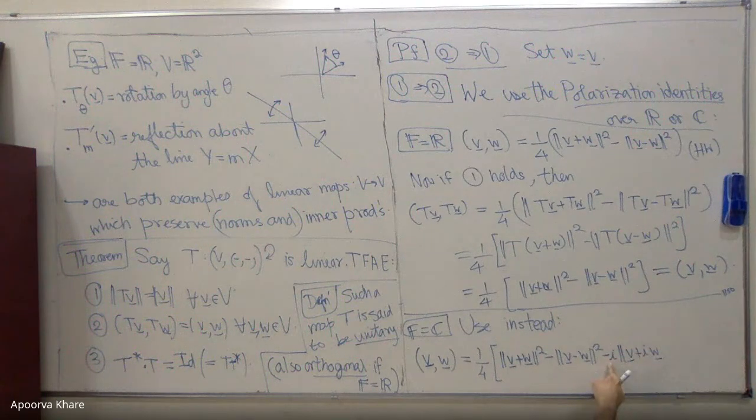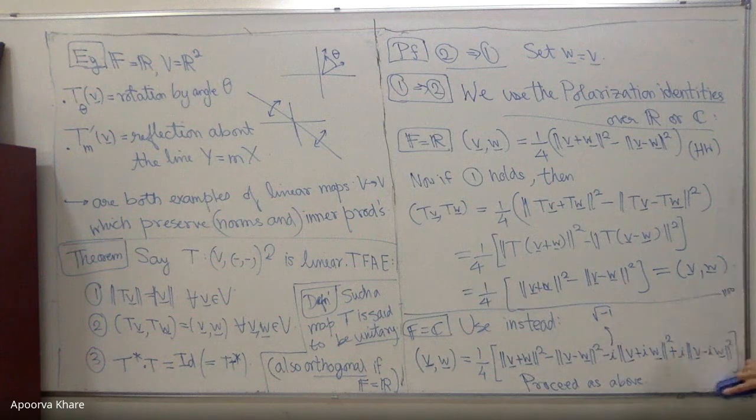Remember, i is the square root of minus 1. Plus i times the norm of V minus iW squared. And once you have this, then you proceed as above. This shows why 1 implies 2.